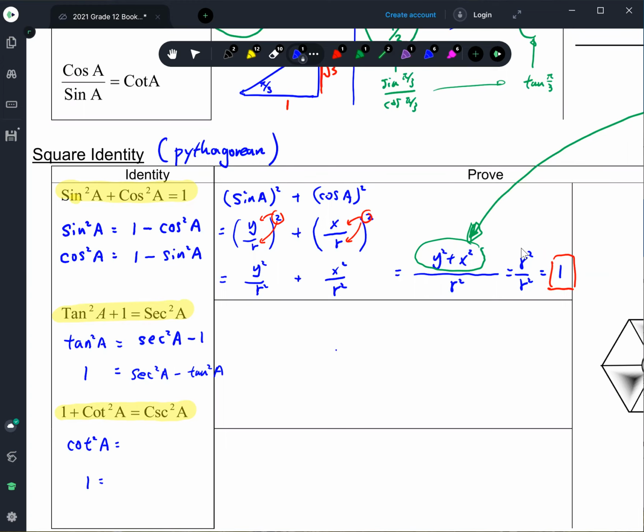Sine squared plus cosine squared will equal 1. So right now, just remember these ones. Next week, after you memorize these ones and are more familiar, then we will do some questions.